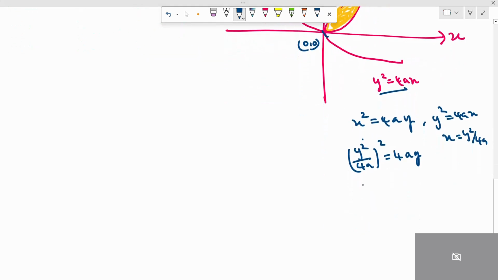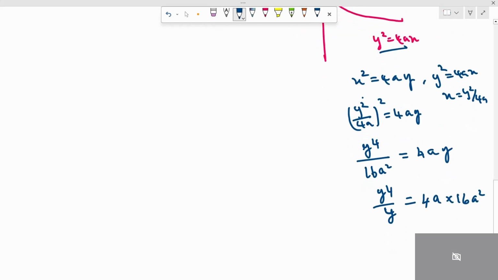Y square by 4a, whole squared, is equal to 4ay. Now we can write y power 4 by 16a square is equal to 4ay. This can be written as y power 4 by y, and y is there, no? Y into 16a square is equal to 4a.